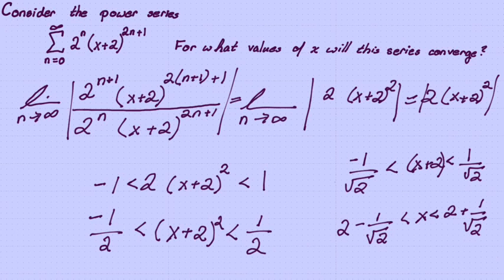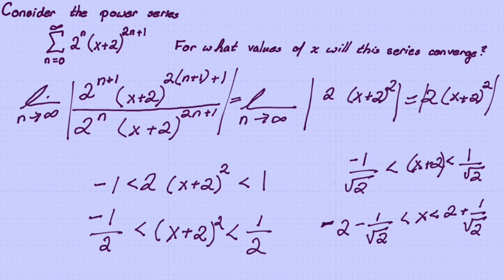Cool? Cool. And this will end up diverging at both of the endpoints, I think. Any questions on that? Why don't you subtract the 2? It's x plus 2, so why don't you subtract the 2? Oh, thank you.